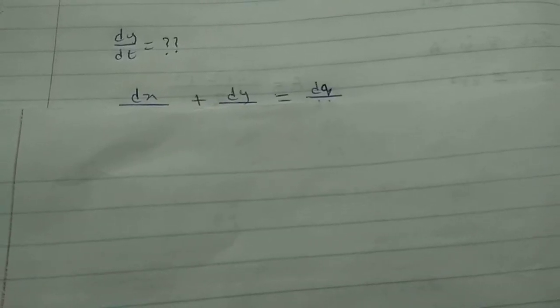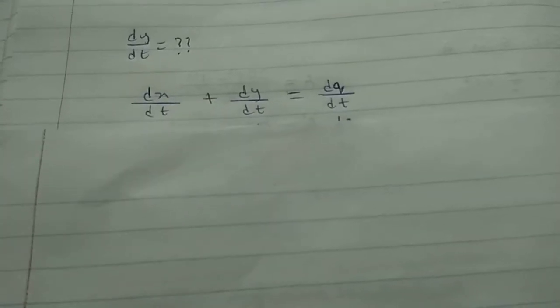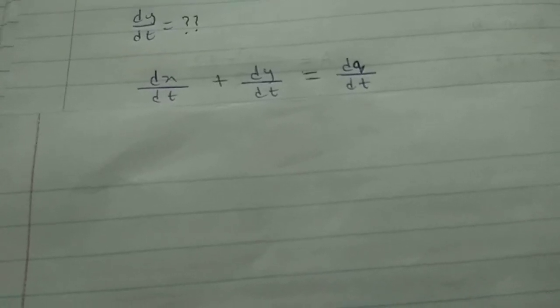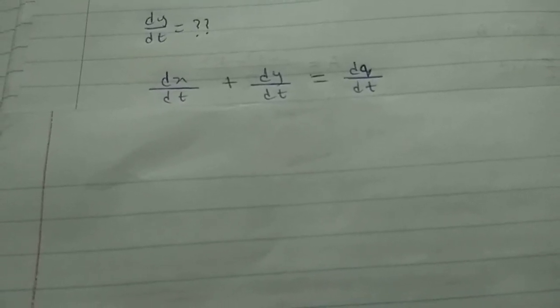So the big question is, what is the rate of change in y when the rocket is 4 kilometers away from the radar? So this is our question. We go on and use something similar to Pythagoras, but about the rate of change. As you can see, it's very similar.